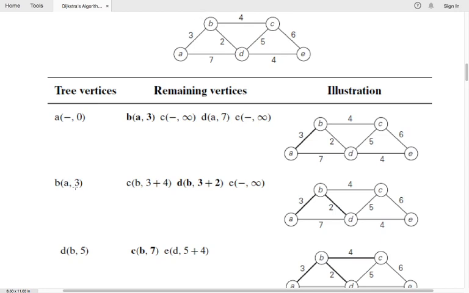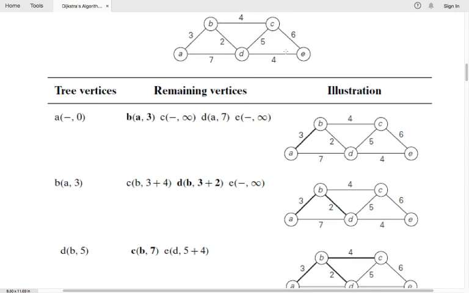I'll add the previous, which is 3, plus B to D, which is 2. So 3 plus 2 is 5, which is better than the previous value of 7. Hence I'll update it. I'll replace 7, which was a direct path from A to D, with the path via B, which is 3 plus 2.